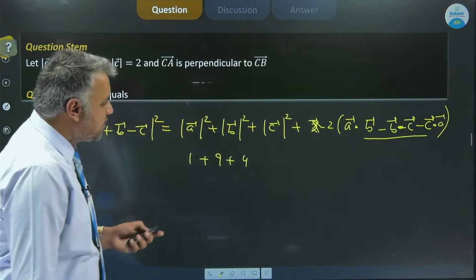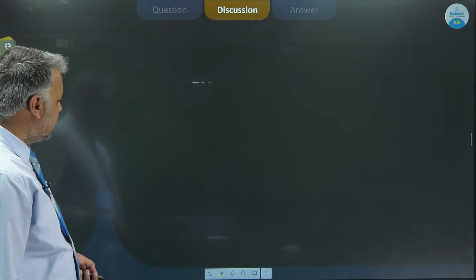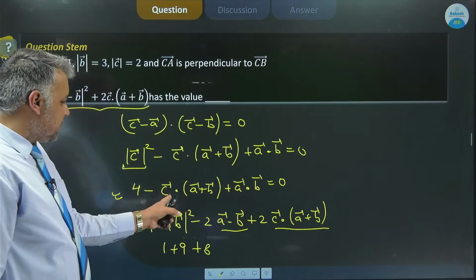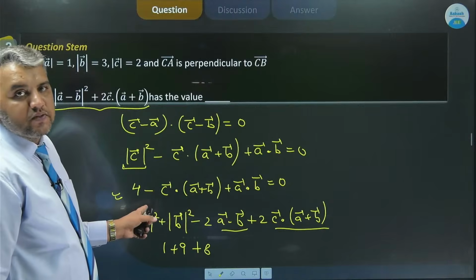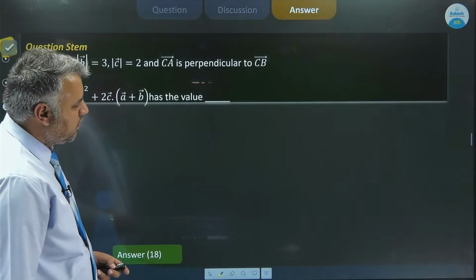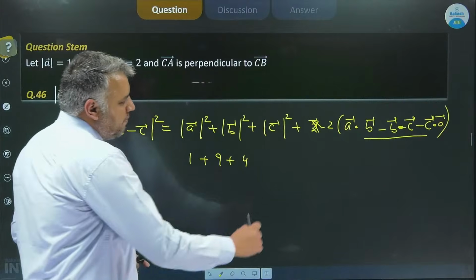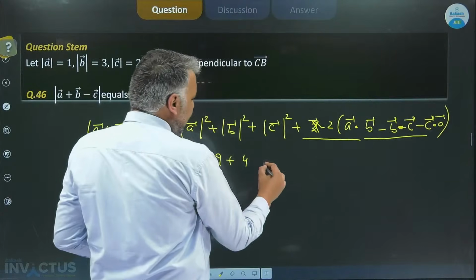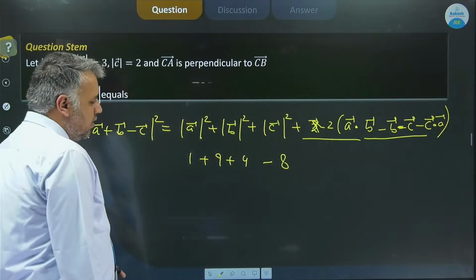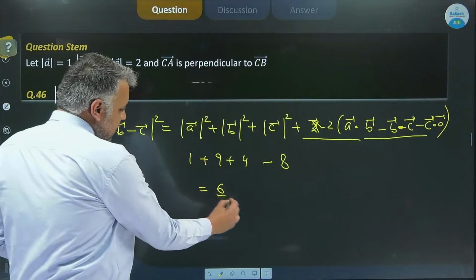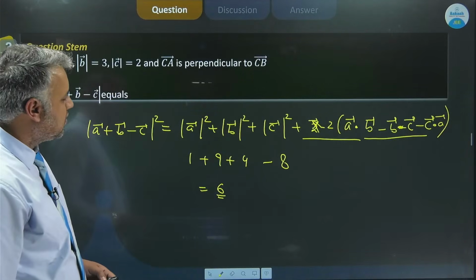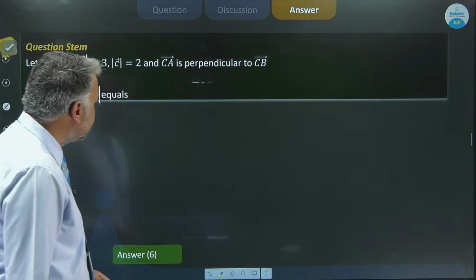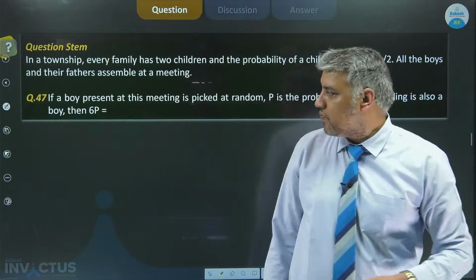So from the last page, we can see that A dot B minus A dot C minus B dot C is actually minus 4. So this portion will be minus 8 here. So this must be, I think, 6. Yes, 6 is the answer. Let's move on to the next question.